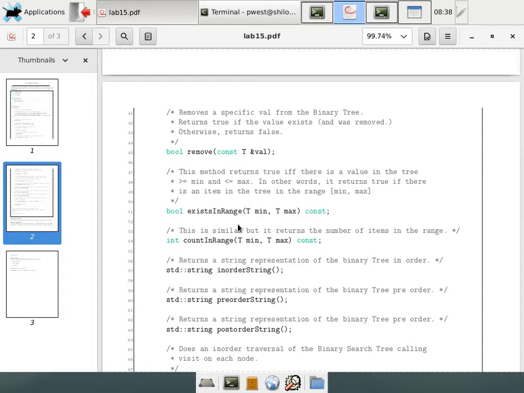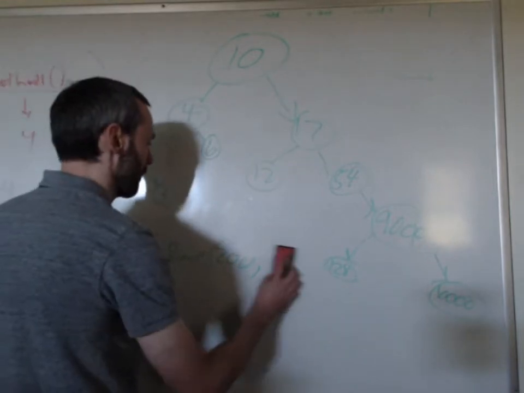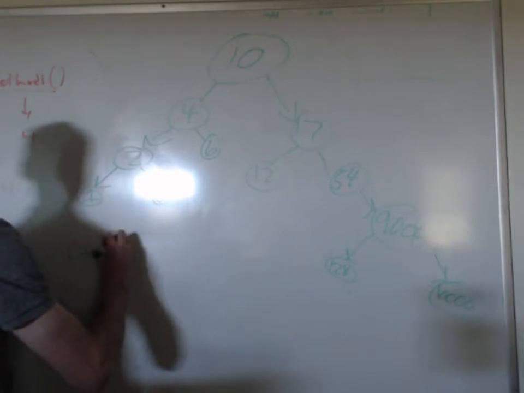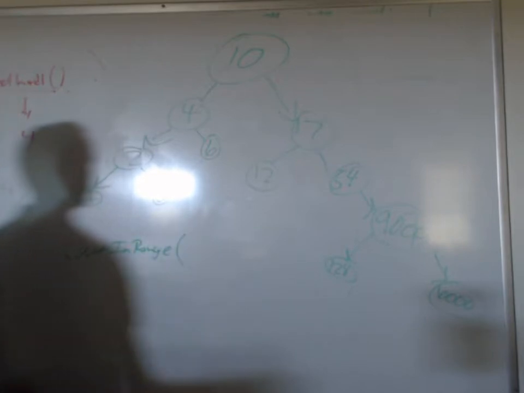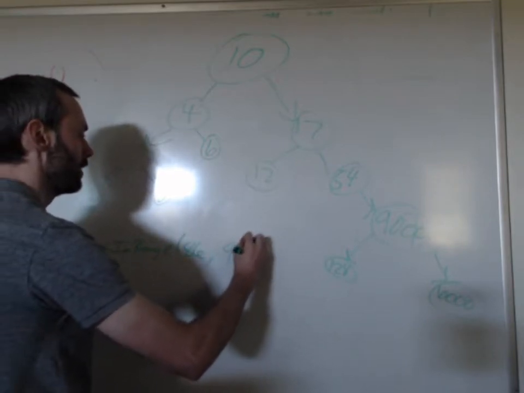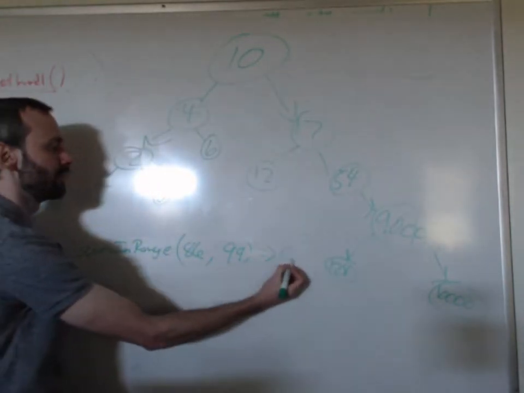Count in range is going to ask you how many numbers exist in this range. So it's an extension over the previous one. That was done purposefully. So count in range. Of course, if we give it something that doesn't exist, like 86 and 99, the answer is 0.